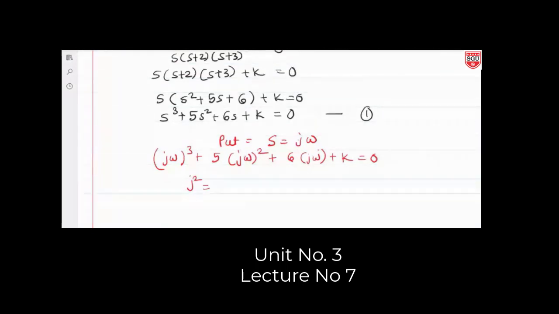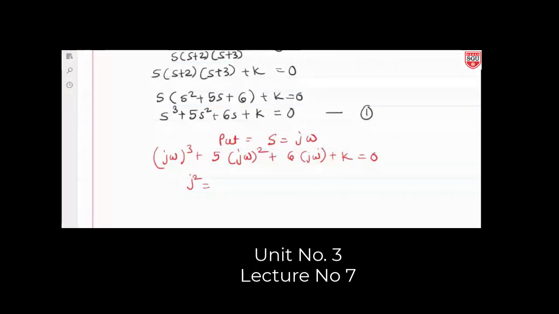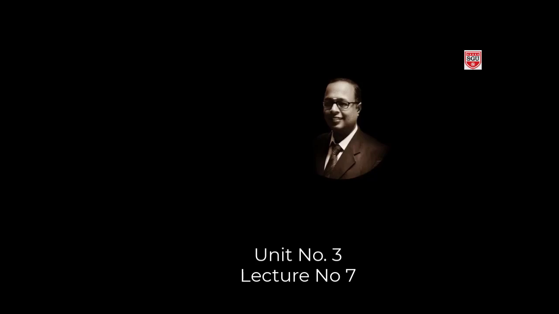J is the imaginary part, and if we square it, what does it come to?